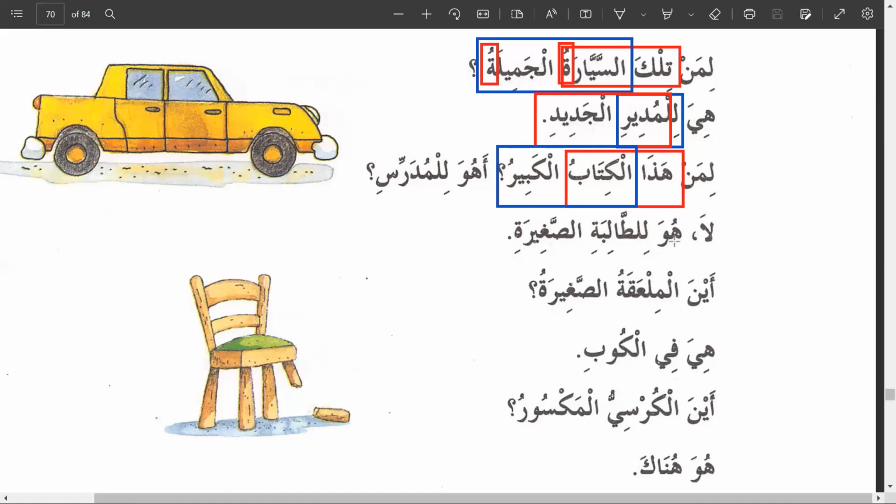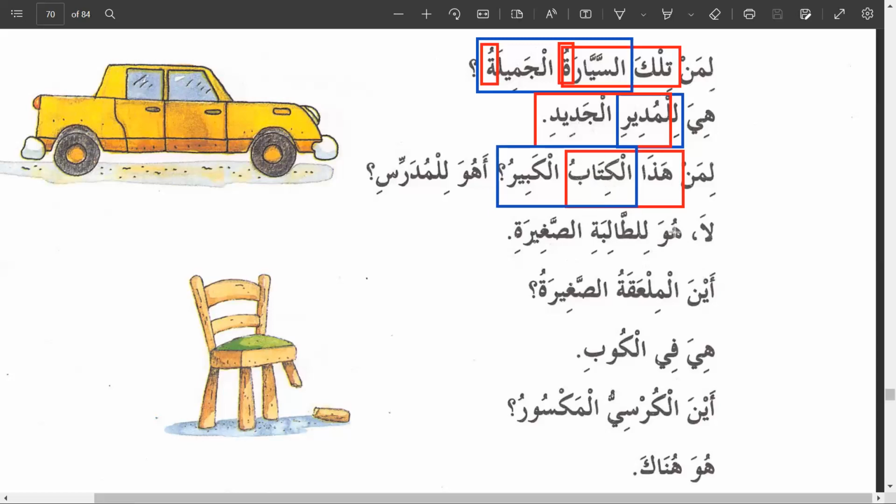Huwa is pointing to whom? Huwa is a pronoun. It is being used for what? The student? No, the big book. So huwa is going back to that book in the question.